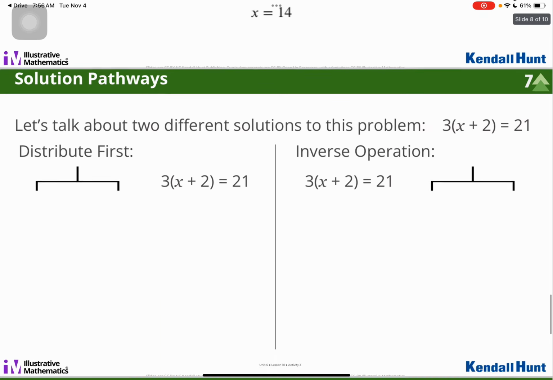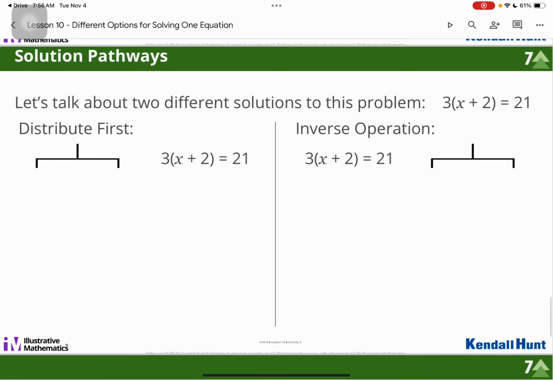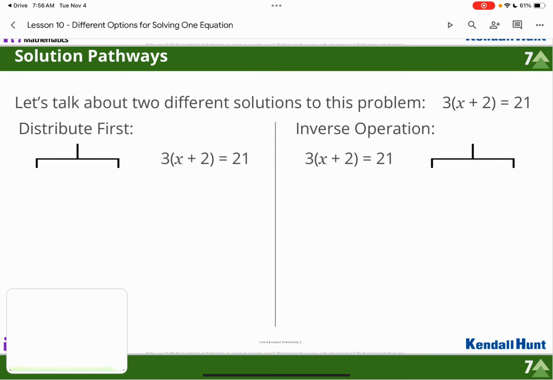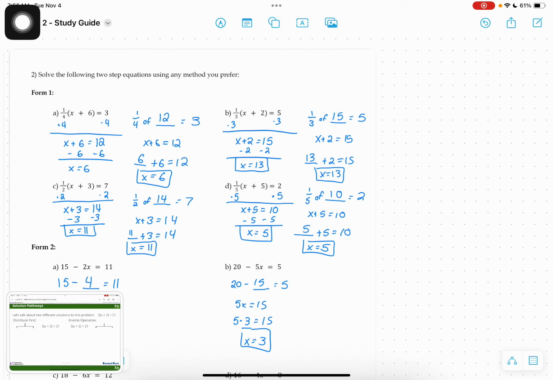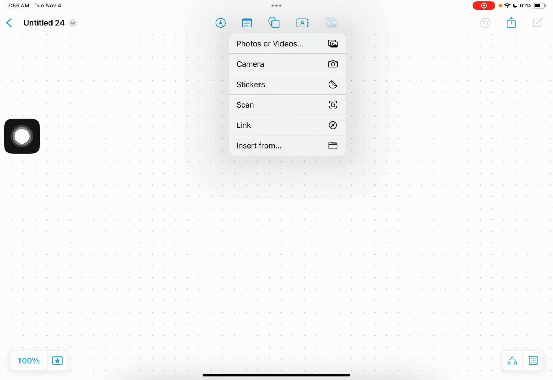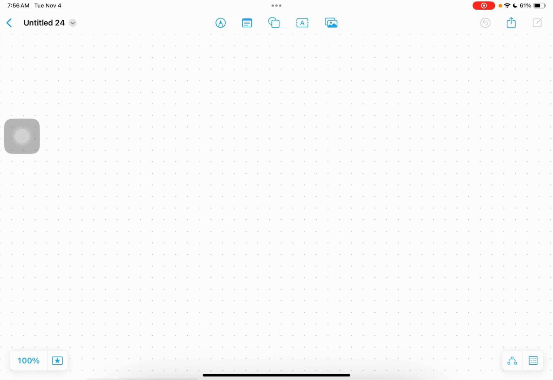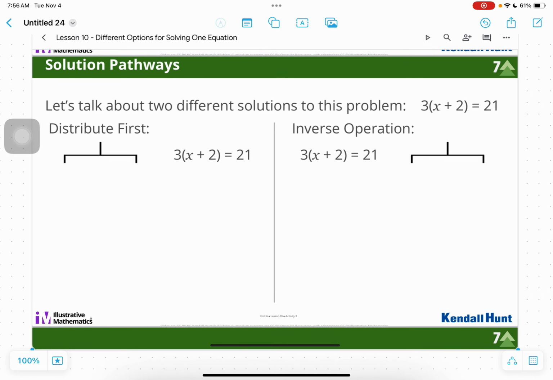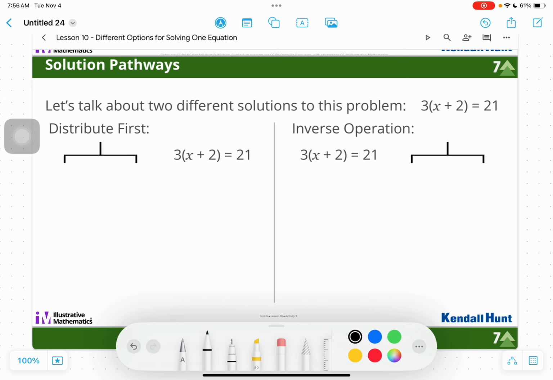Awesome. There are two different ways to solve equations with parentheses like this. Let's look at it together. I'm going to show it two ways. One way with a hanger diagram and one way algebraically. So if I were to draw a hanger diagram of this situation, I see three groups of x plus 2.